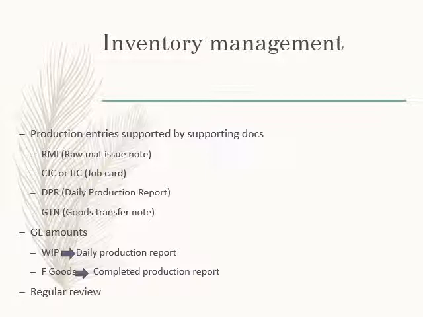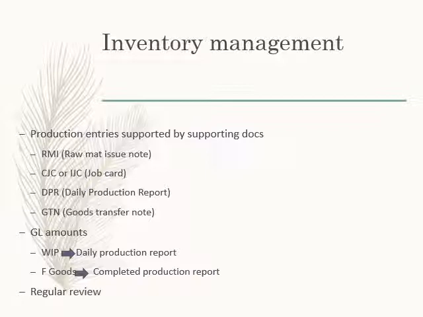The amounts recorded in your general ledger have to reconcile back to either a daily production report when your goods are still in progress, or a completed production report in the case of manufactured goods transferred to your finished goods inventory.